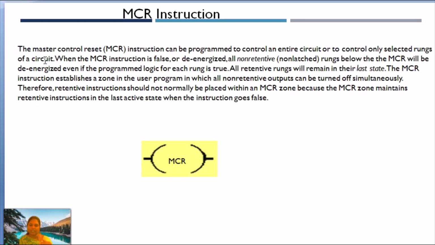From that run to whichever run you need to control, you can fix another end MCR instruction there. From there to there, it is under the control of the MCR instruction. So when the MCR instruction is false or de-energized, all retentive non-latched runs below the MCR will be de-energized even if the programmed logic for each run is true.